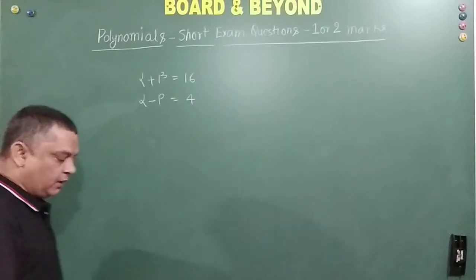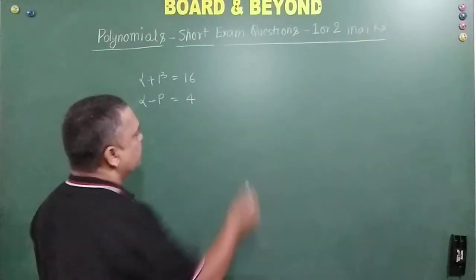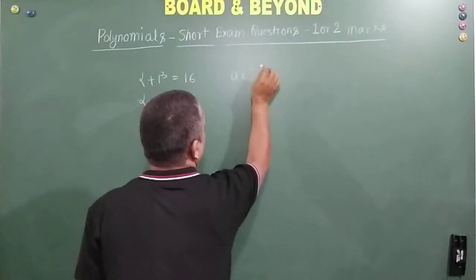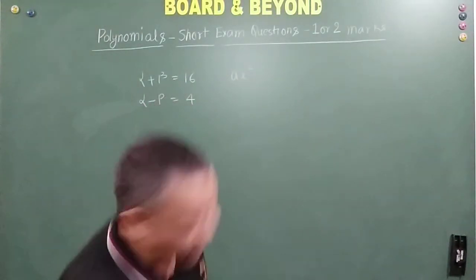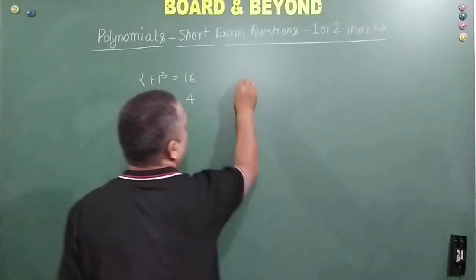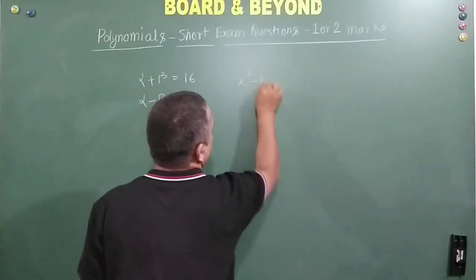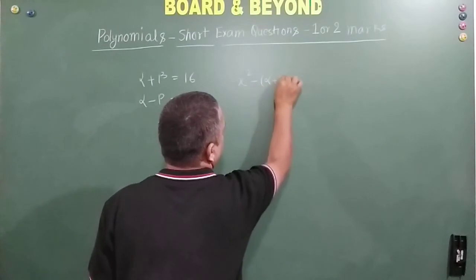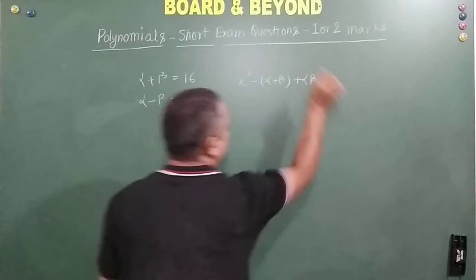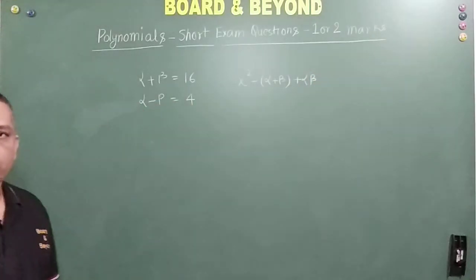Now just look at the general form of a quadratic polynomial. This is the general form of a quadratic polynomial.